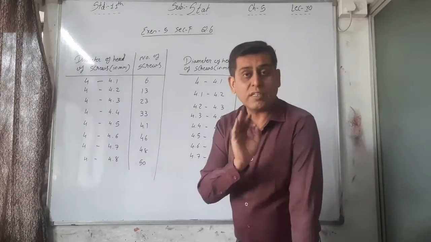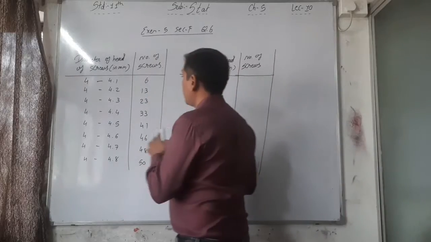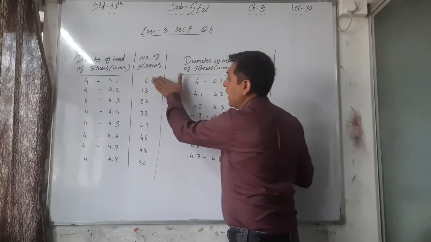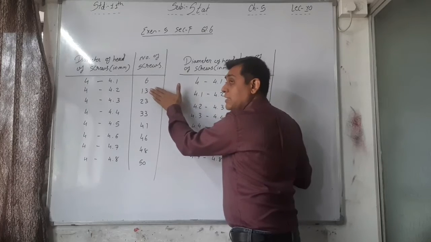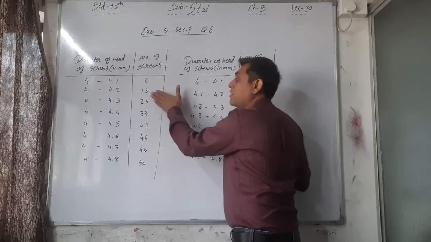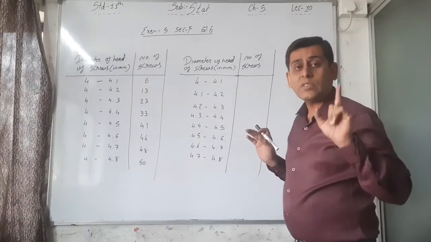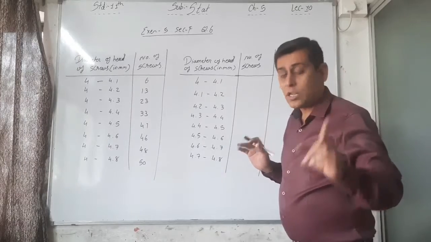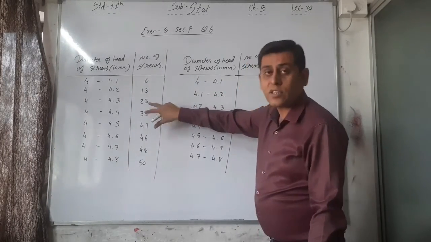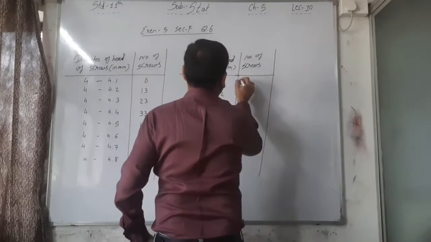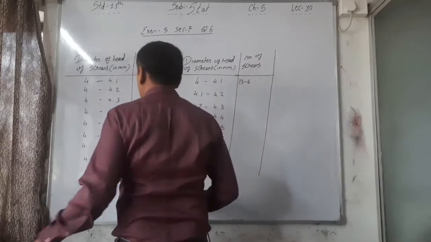If the frequency is highest in the first and lowest in the second, then first minus second, and if the second is highest and the first lowest, then second minus first. So second minus first, third minus second, fourth minus third, that is the procedure I am writing here. 13 minus 6, sorry, first of all not 13 minus 6, but 6 minus 0.